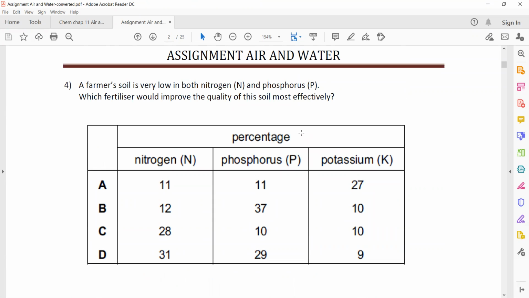Question number 4. A farmer's soil is very low in both nitrogen and phosphorus. Which fertilizer would improve the quality of this soil most effectively? What could be the answer?